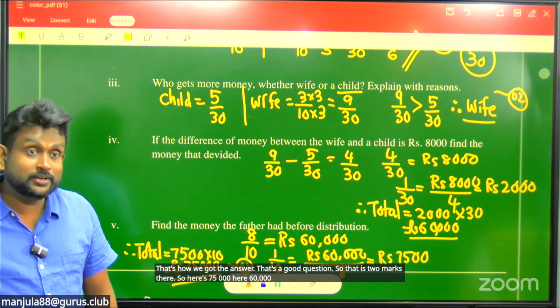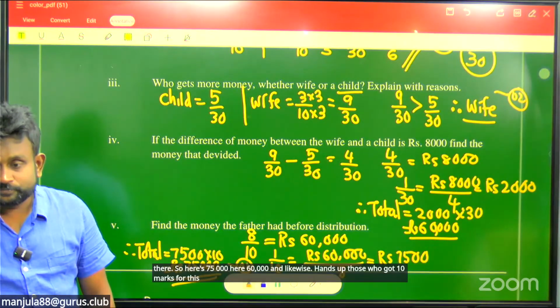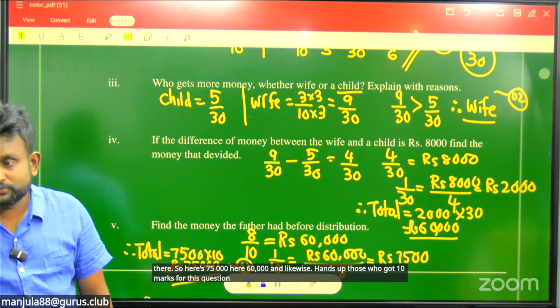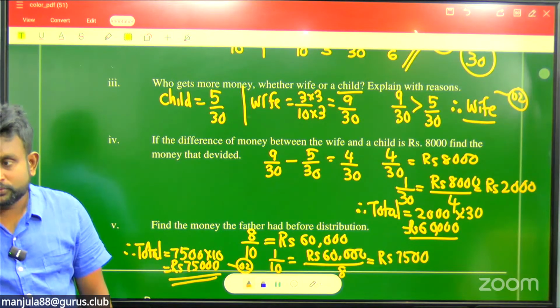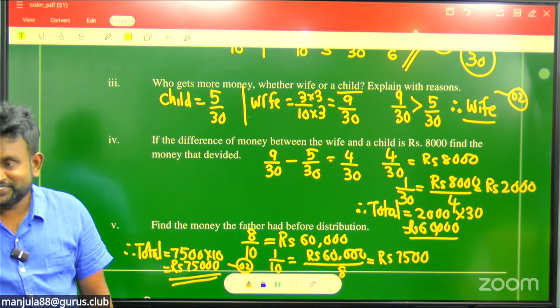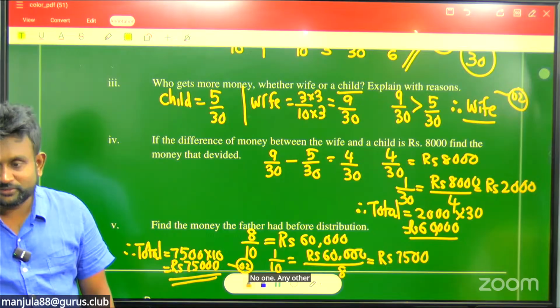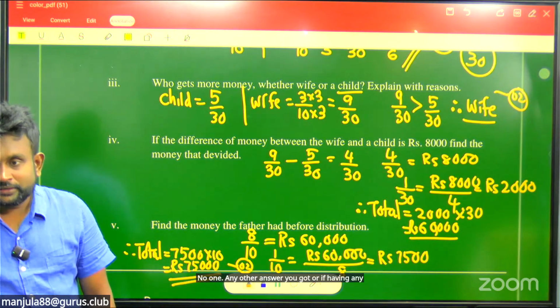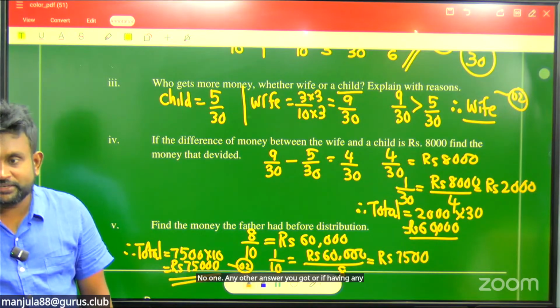Hands up those who got 10 marks for this question. Oh, no one. Any other answer you got? 7,500 by 10. Why?